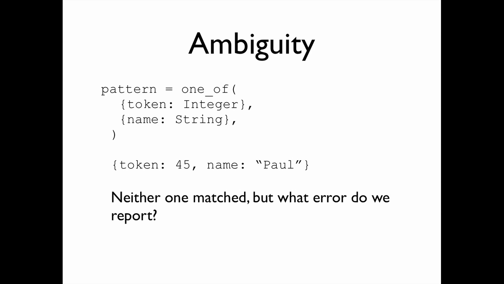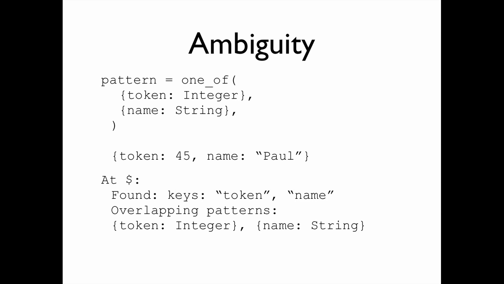So what do we report? We say we expected token or name. Well, we got token and name, so that's not the problem. So instead, it returns an ambiguity error. It said found keys, token and name, but there were overlapping patterns, token, integer, and name, string.